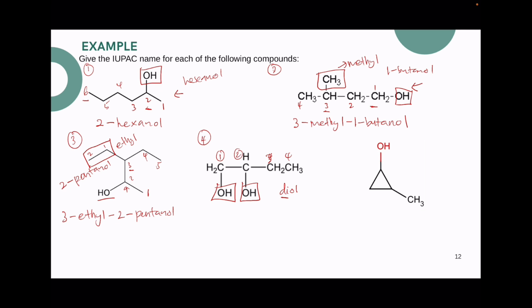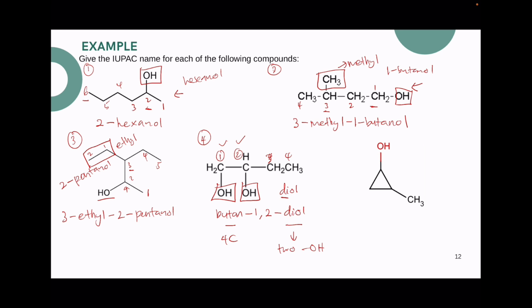So you can name this compound as follows: first of all, write down butane, which represents 4 carbons, then write down the numbering of the hydroxyl groups, attached at carbon number 1 and carbon number 2, and then finally you put diol, which represents 2 hydroxyl groups.